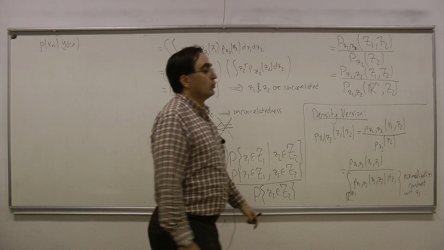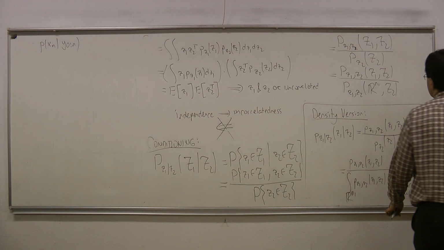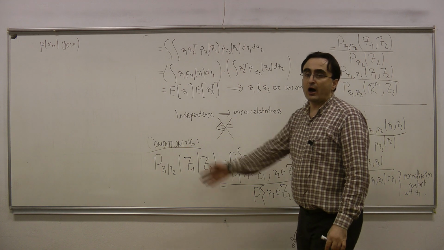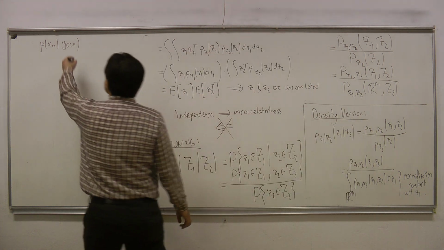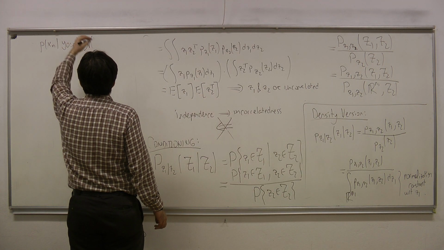Okay? This conditional distribution is actually going to be a Gaussian vector. Okay? It's going to be a Gaussian distribution.